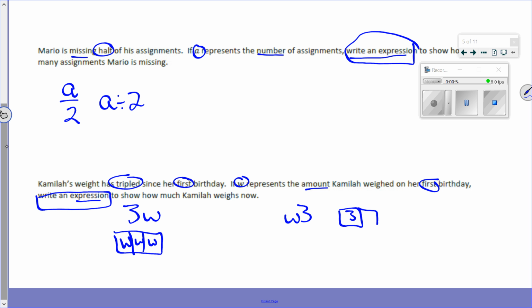Can I model W3? No. I don't know what that is. W could be infinity. So I can't do W3. I do 3W. That's why your coefficient always comes first, guys. Understood? So stop doing it. Also stop using double variables. That doesn't work anymore.